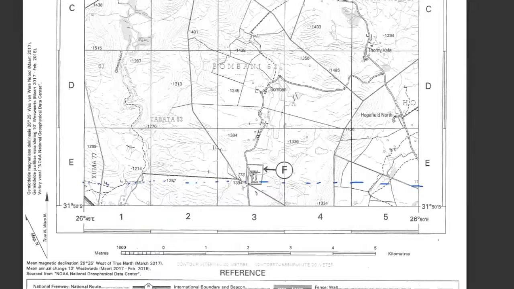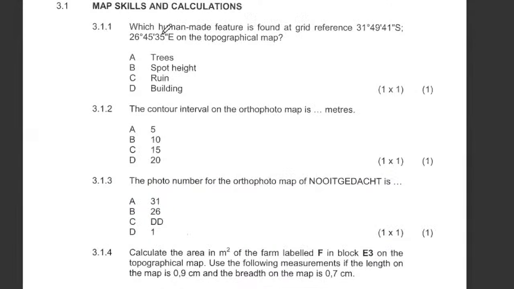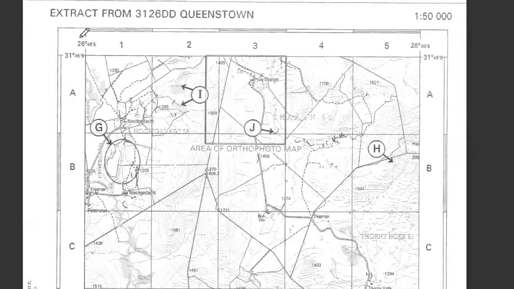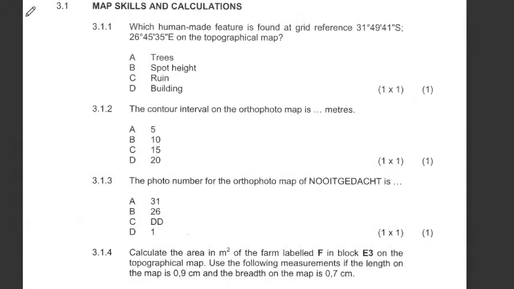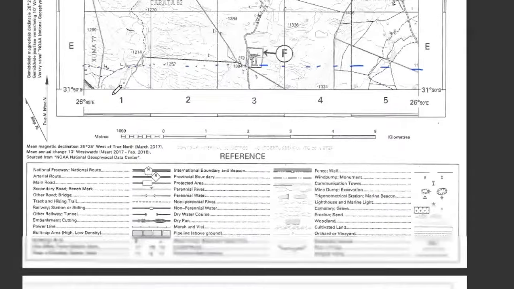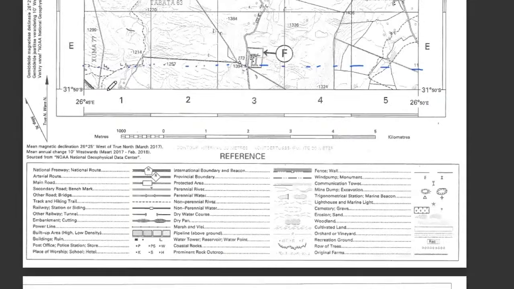We got the next reading. The next reading says 26:45, 26 degrees, 45 minutes. We come here, we say 26:45. That means it's within this bracket. How many seconds? It is 35 seconds. So 35 seconds, say if this is 30, 35 will be around there. So we go down where they intersect. If this is 30, this is 45.